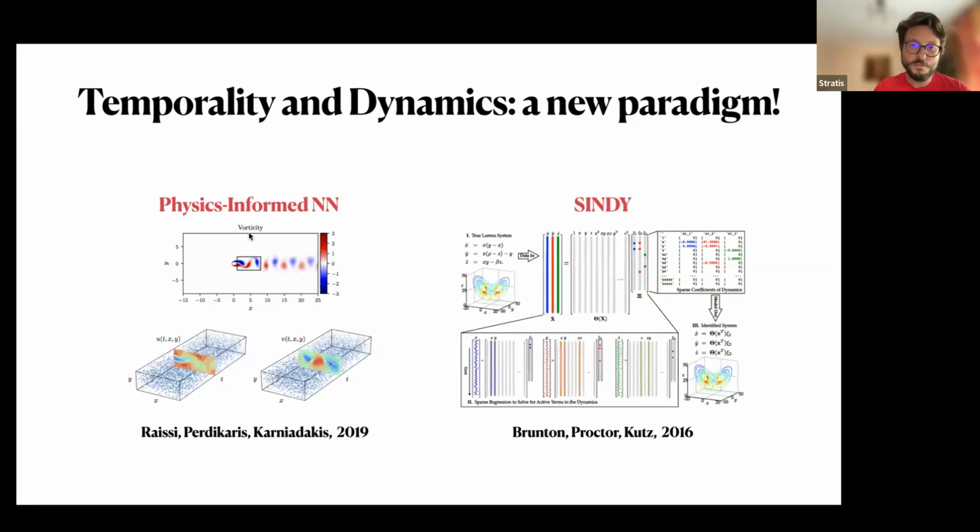Your university, your groups pioneered with the work on physics-informed neural networks, showing how deep networks can be extended to model temporal or spatio-temporal scientific processes. Symbolic regression with SINDy, although it doesn't use a neural network, it relies on regression. Still, it shows how temporal sequences can be successfully modeled.